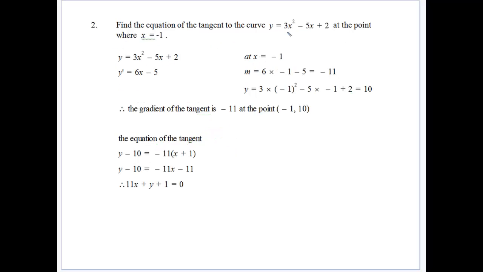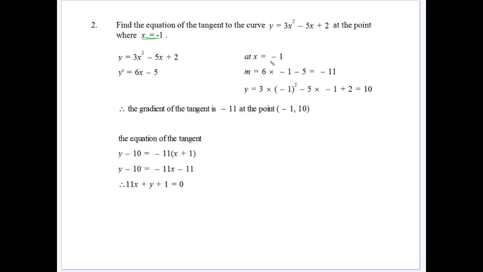This time we have our function 3x squared minus 5x plus 2, and our point where x is equal to minus 1. Again, we get our gradient function. 3x squared derives to 6x, minus 5x derives to minus 5, and the 2 derives to 0. So at x equal to minus 1, our gradient would be 6 times minus 1 minus 5, which gives us minus 11.